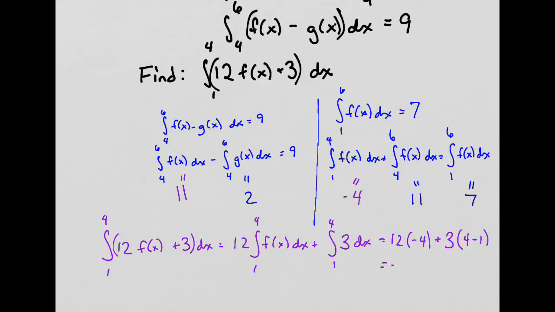So this is equal to negative 48 plus 9. So your overall answer should be negative 39. So this is what yesterday's you-do should be. This is the work for it.